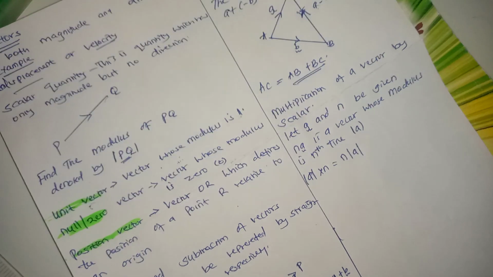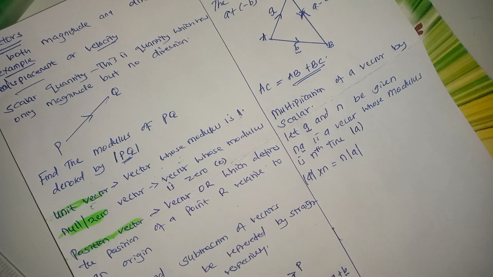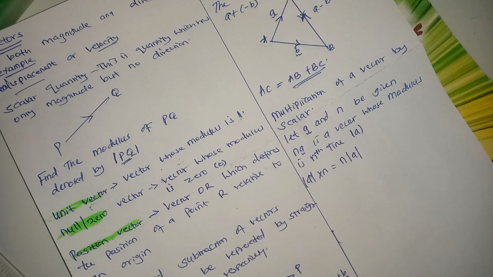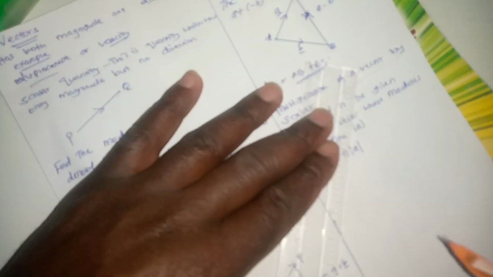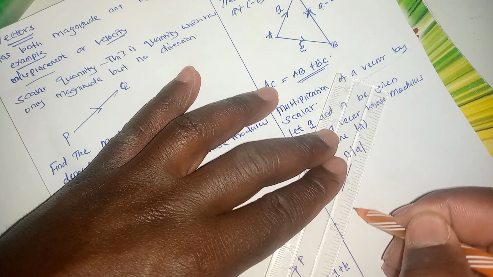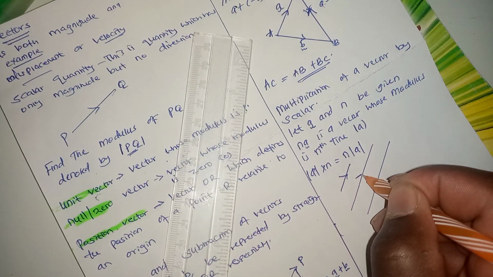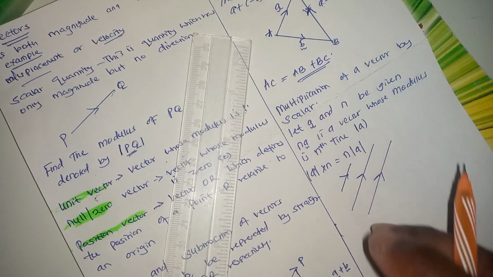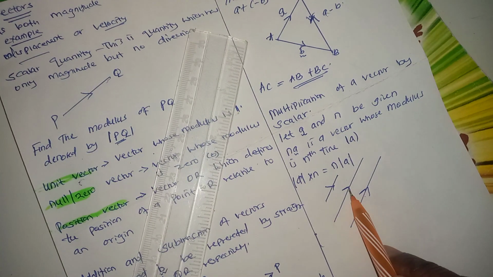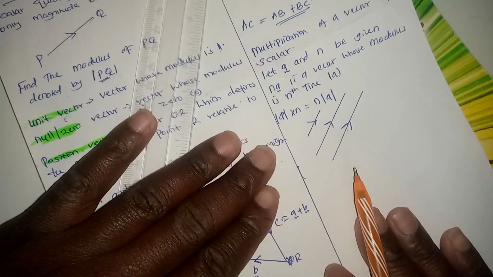Now for multiplication we can come and draw something here, which implies that this is greater than this and this is greater than this. Let's look at an example.